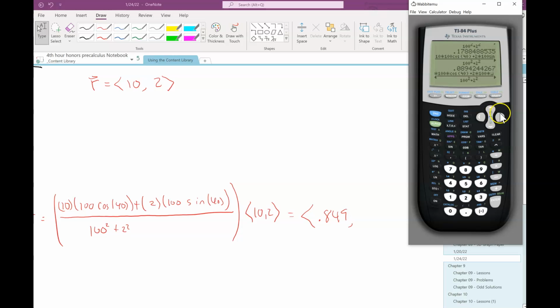Okay, that seems good. Over 10 squared plus 2 squared. Great googly moogly, what's going on here?